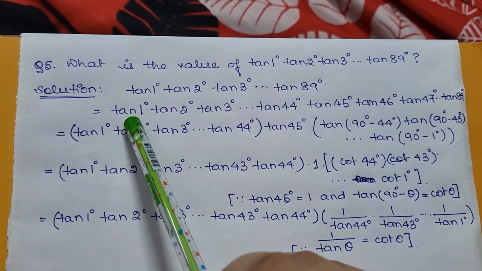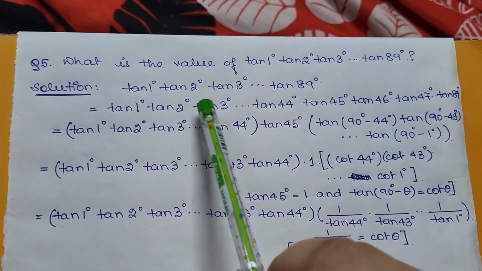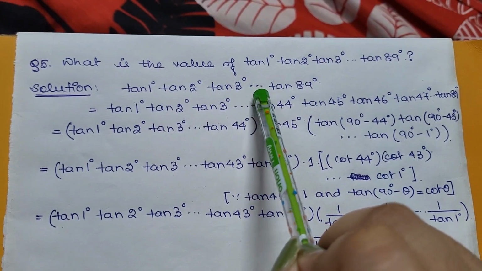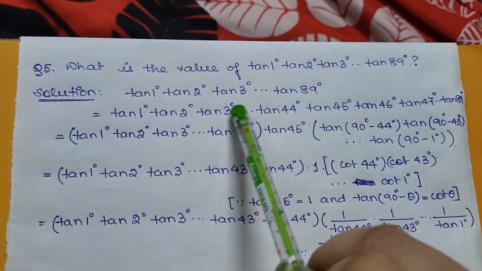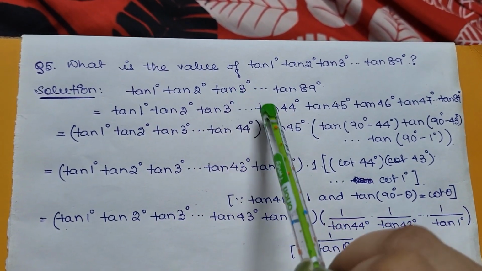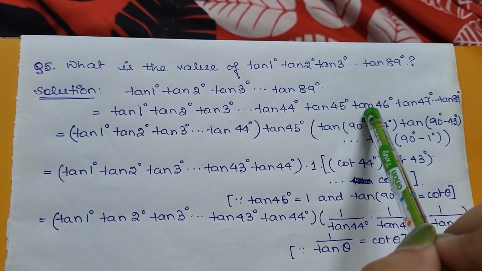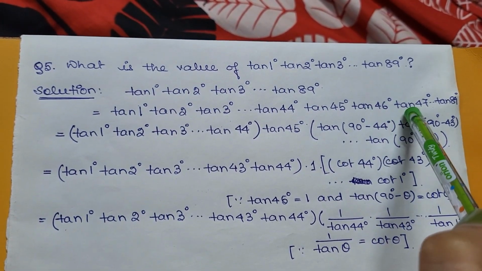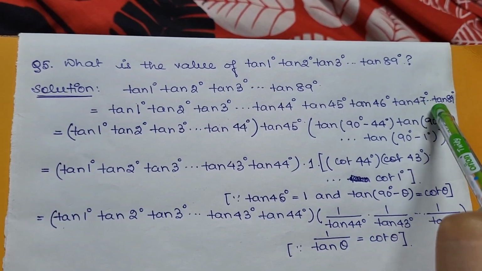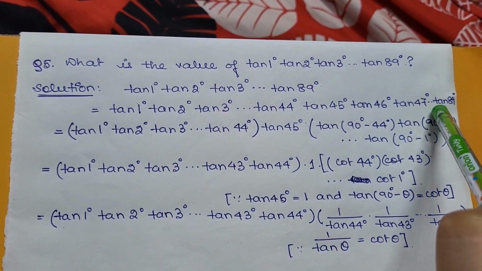Now tan 1 degree, tan 2 degree, tan 3 degree, and it continues up to tan 89 degree. Somewhere it is tan 44 degree, then tan 45 degree, then tan 46, tan 47, and then it continues up to tan 89 degrees.